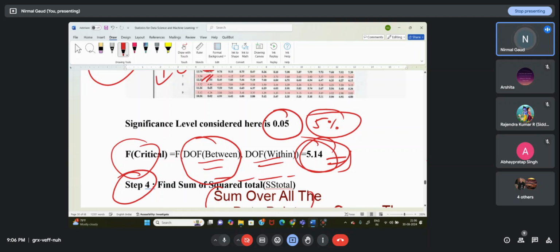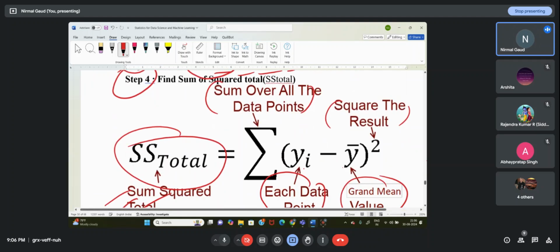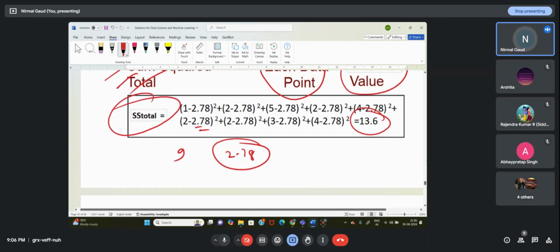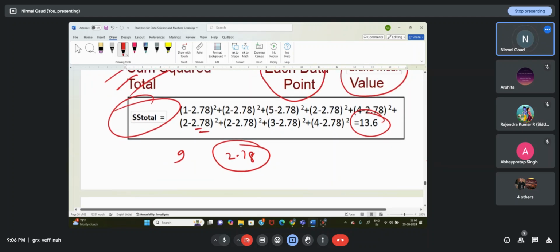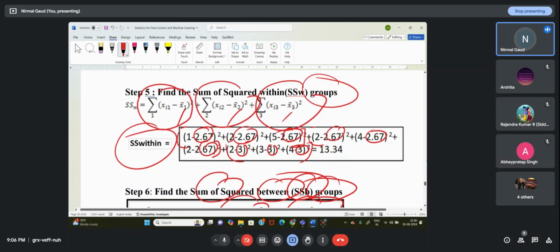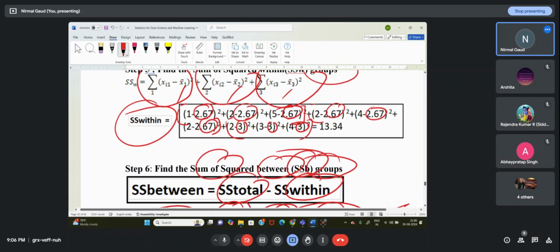Then what you have to do? Subtract the grand mean from each and every value. You got 13.6. Then subtract the respective mean from each and every value. You got 13.34.